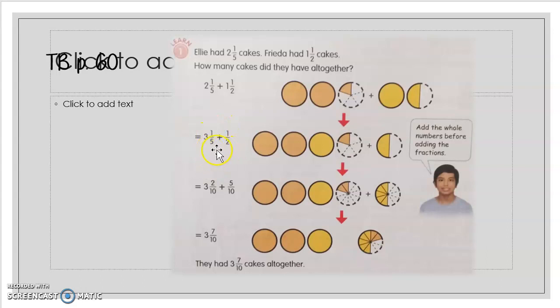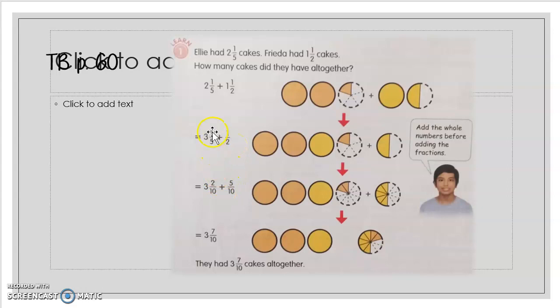Now look here. The denominators are not the same. So to make them the same, we have to find the multiples of 5 and 2, or find the LCM. For this case, you can multiply them with each other. The first fraction you can times 2, and the second one you can times 5, because this one is 2.